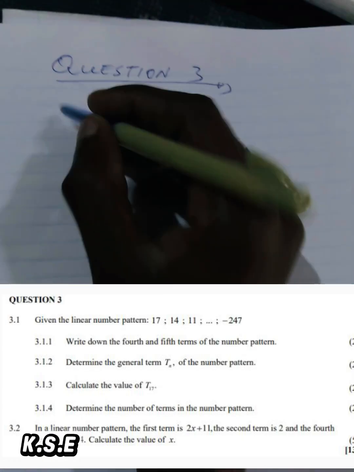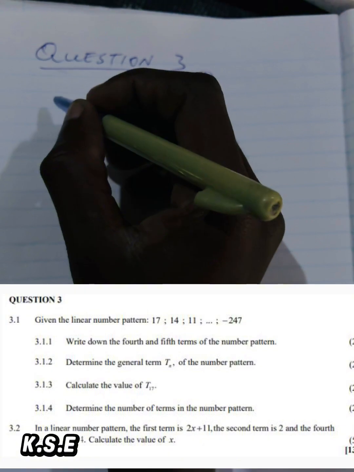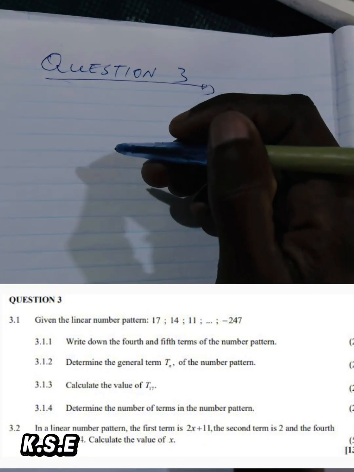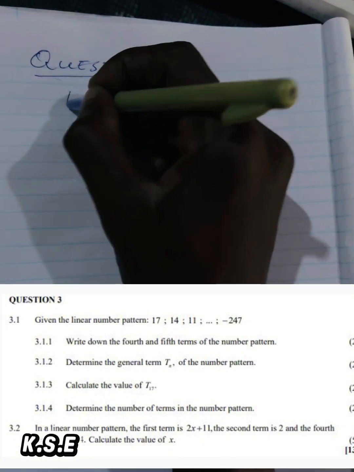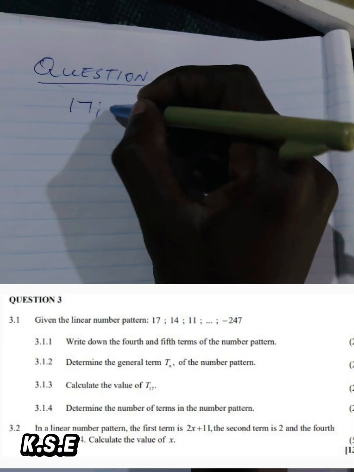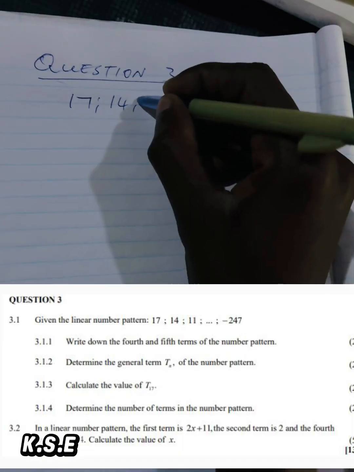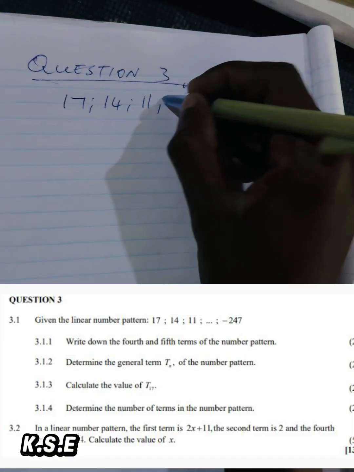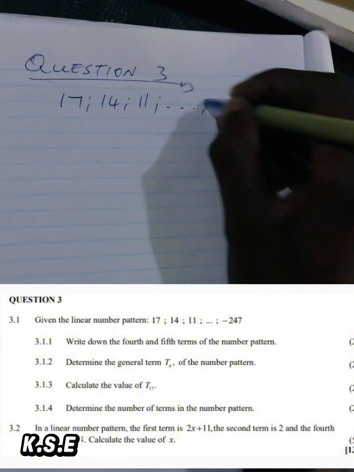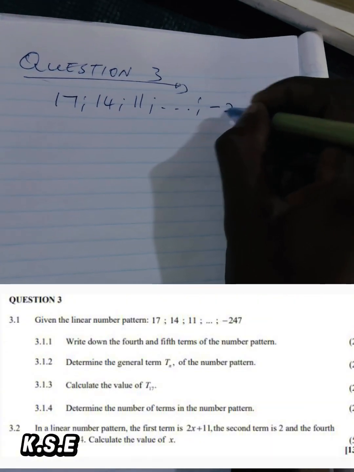Okay, the question says, given the linear number pattern, which is 17, 14, 11, dot dot dot, and then negative 247.